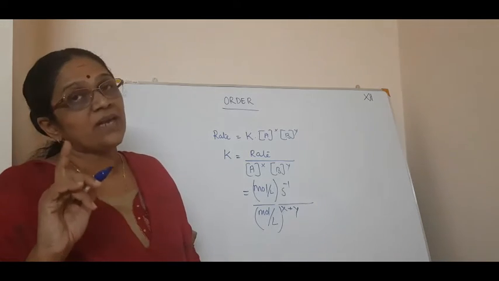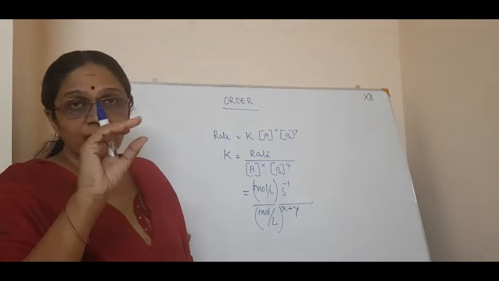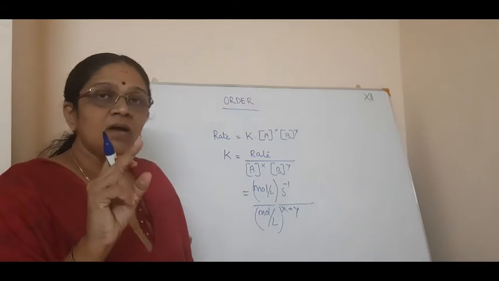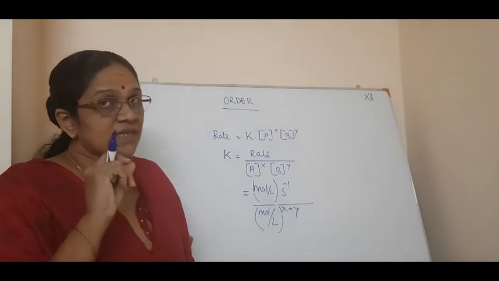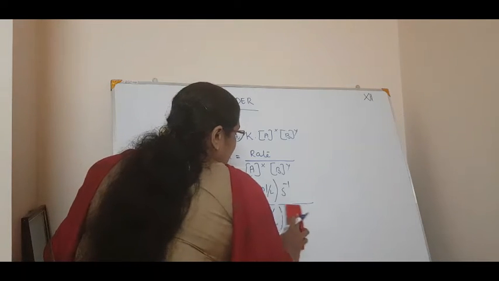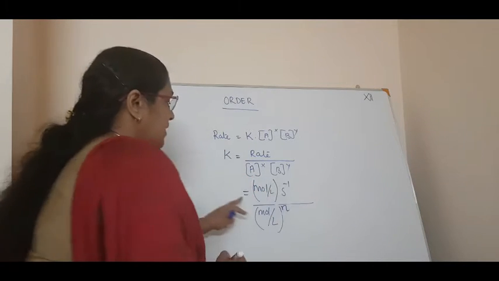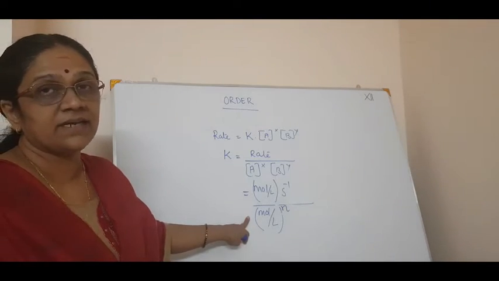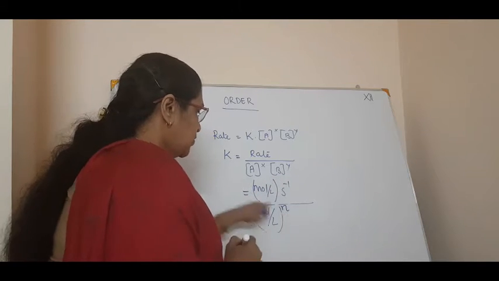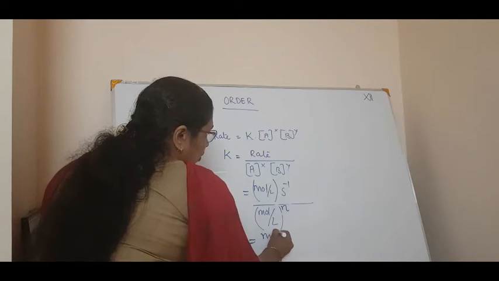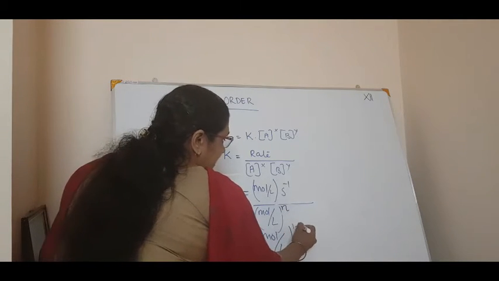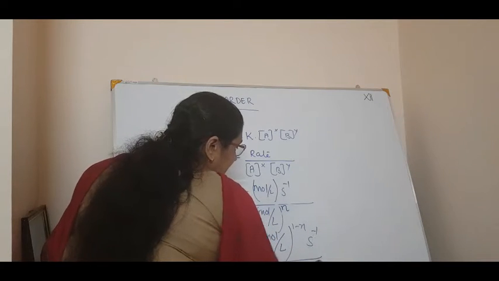What is the overall order of the reaction? The sum of the powers of the concentrations of the reactants in a rate law is called the overall order of the reaction, which is represented by N. So X plus Y is N. Now, here it is 1 and here it is N. Mole per liter, listen, this is 1 by N, so I can write 1 minus N into second inverse.